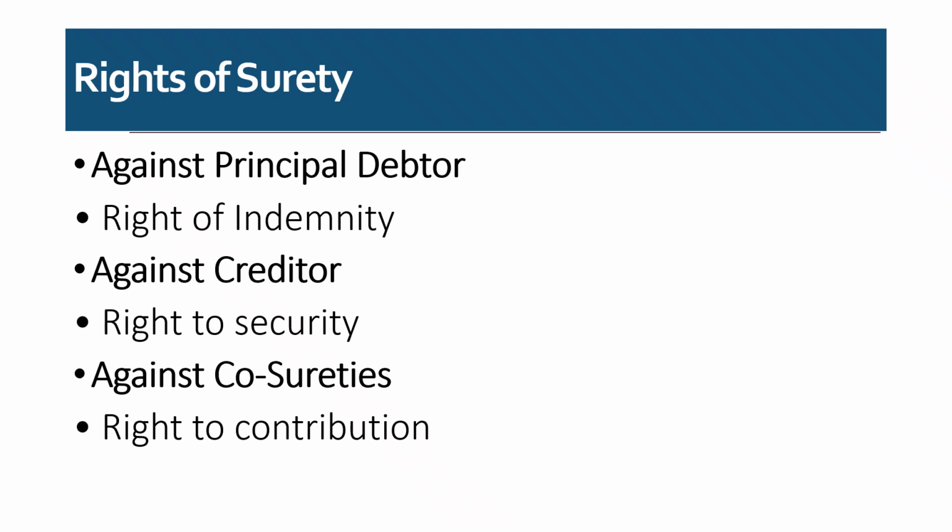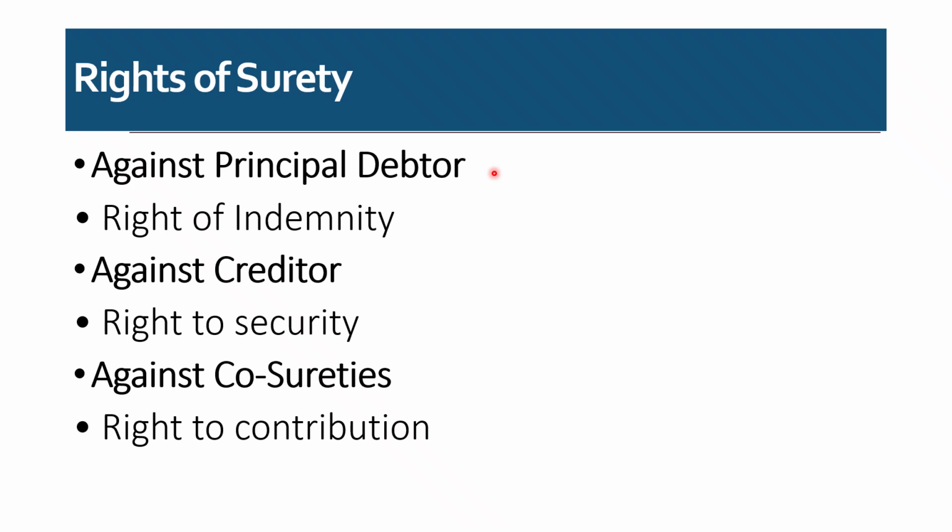What are the rights of the surety or the guarantor? Let's now discuss them. A surety gives financial assurance, so the law grants strong protection for the surety. The first right the surety has is against the principal debtor: the right of indemnity.